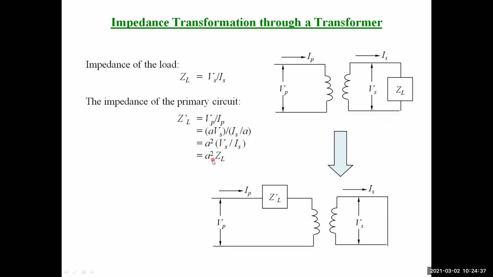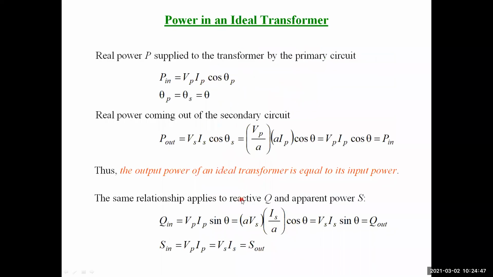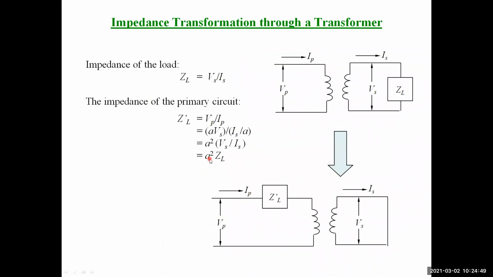So what is meant by A? A is NP by NS, that is primary turns by secondary turns, or V1 by V2, or N1 by N2. So N1 by N2 whole square into ZL.